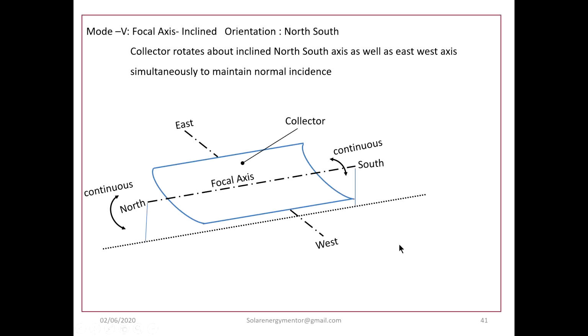So this is 2-axis tracking, a perfect way of tracking, in which the collector rotates about the inclined north-south axis as well as the east-west axis simultaneously to maintain normal incidence. Now this mode of tracking is not preferred for parabolic trough concentrators. It is preferred for dish type collectors or heliostat mirrors, because it is an expensive type of tracking mode.